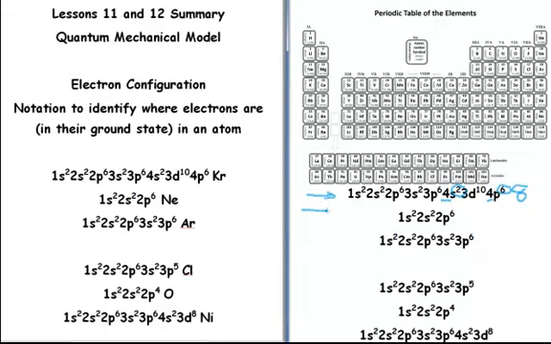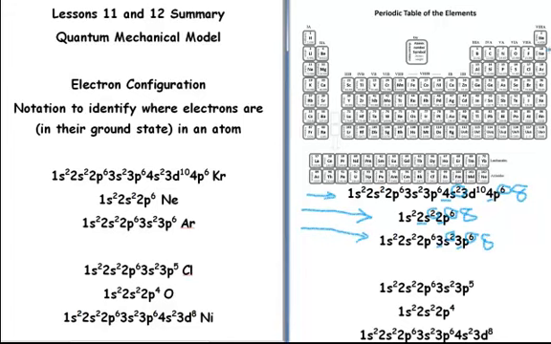For neon, which ends up being over here, the highest energy level is 2, with a total of 8 electrons placed. And then for argon, the highest energy level is 3, and again, we have a total of 8 electrons placed.